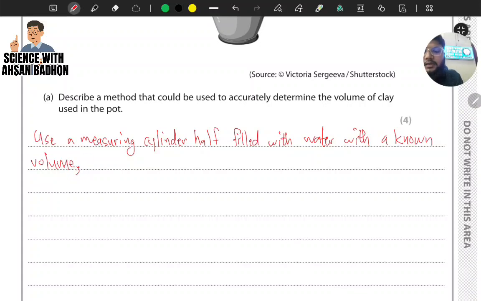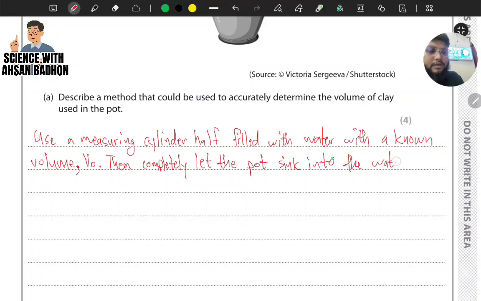Let the initial volume be V0, then completely let the pot sink into the water and get a new volume of water, which is VF or final volume.